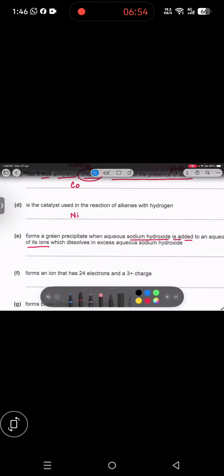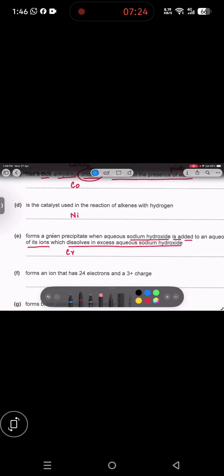If it dissolves, it will not be iron. Iron ions are insoluble in excess, and the chromium ions are soluble. So the correct answer here is chromium.